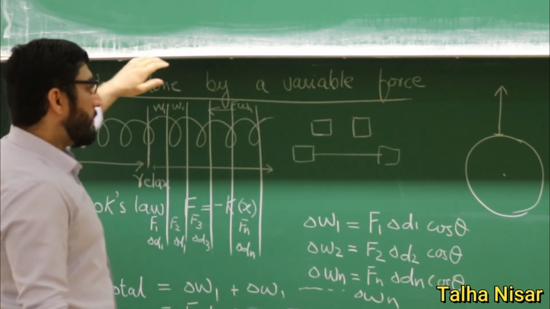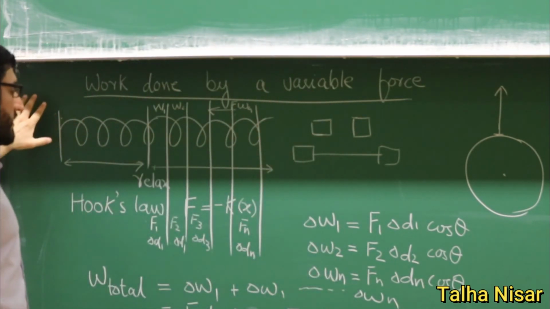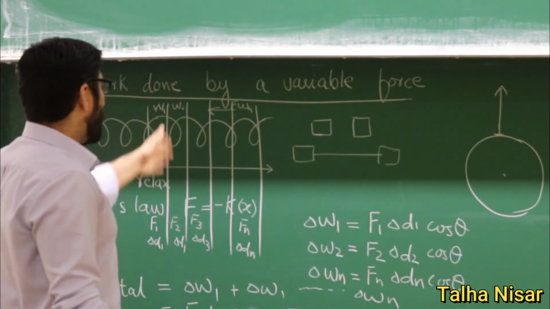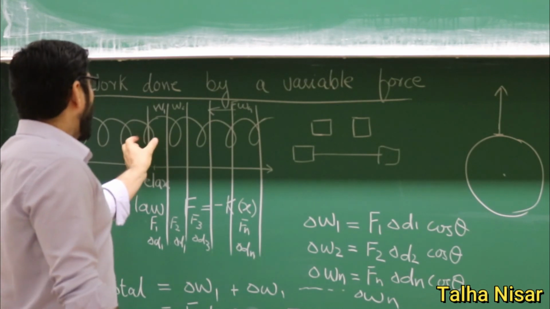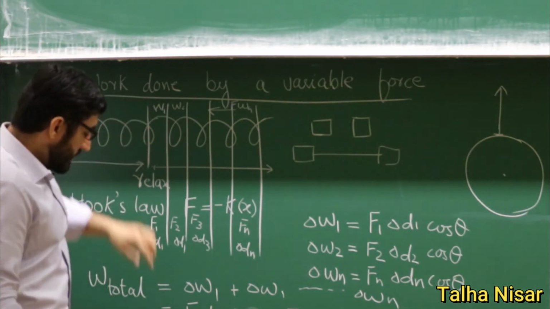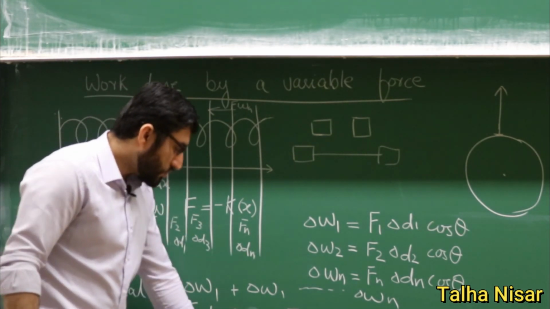The first example, similarly, was what I did for the spring force. We divide all these individual forces into extremely small displacements. The displacement here is close to 0.